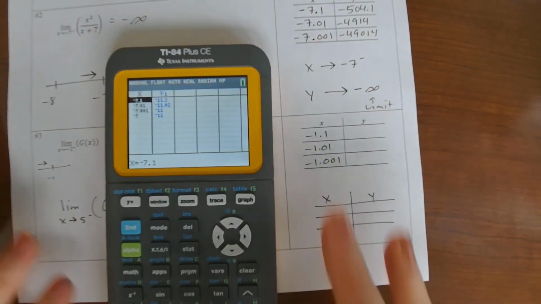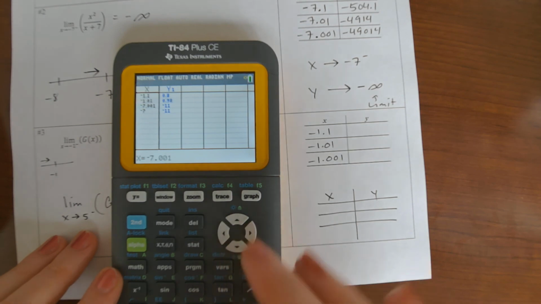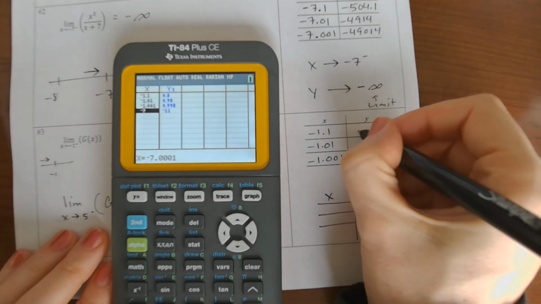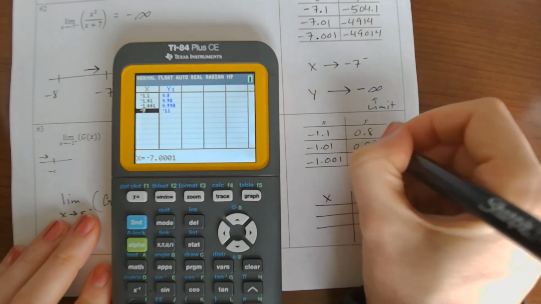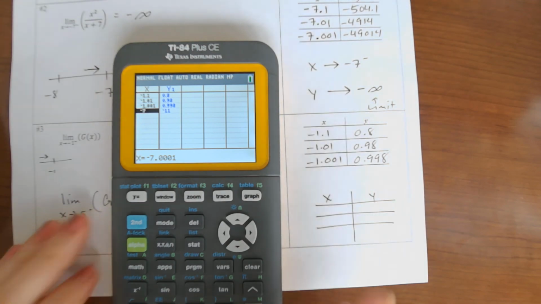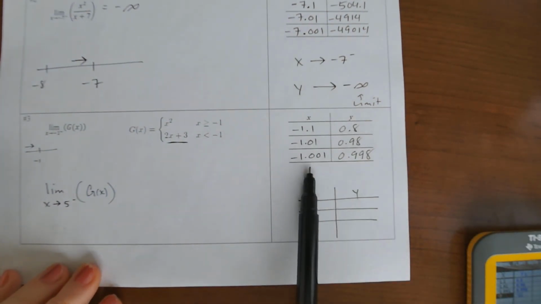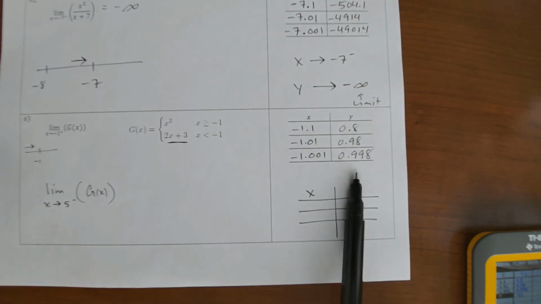I'm going to plug those in: negative 1.1, negative 1.01, negative 1.001. Right, 0.8, 0.98, 0.998. As x is approaching negative 1 from the left, what are these y's getting closer and closer to?